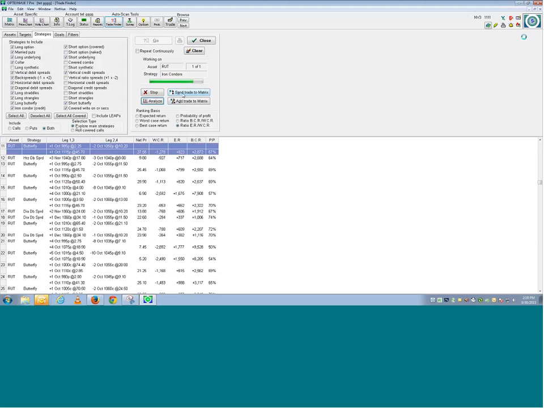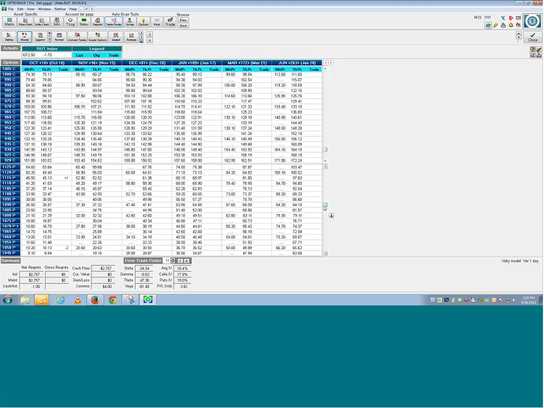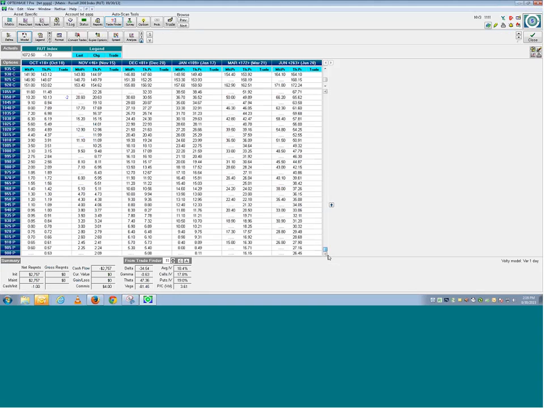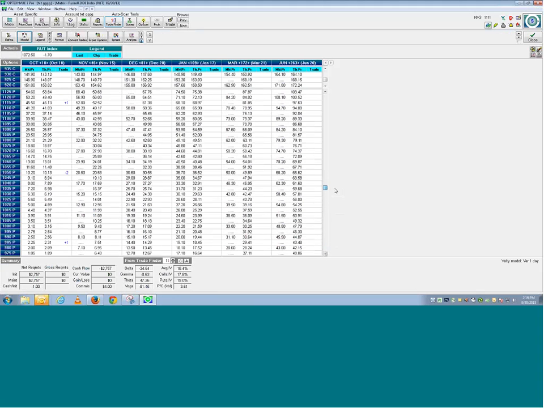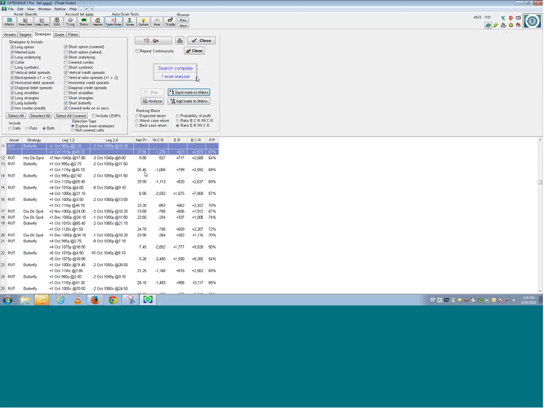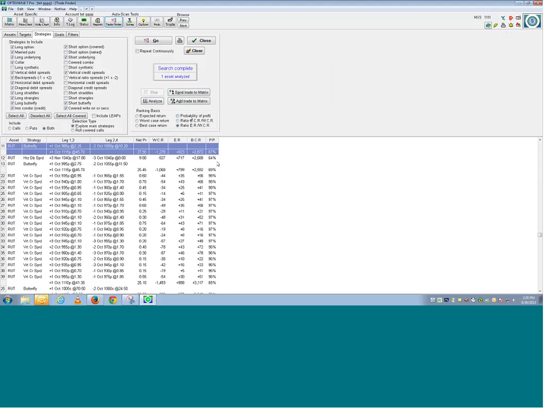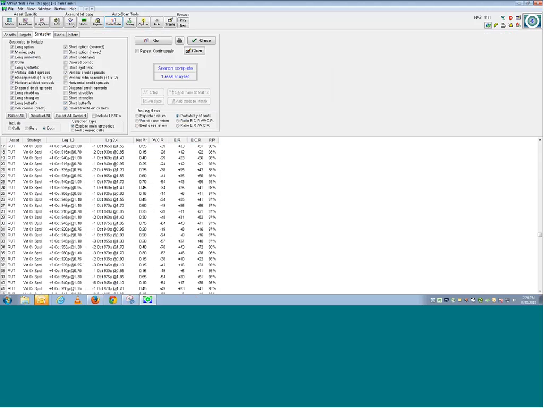Okay, I'll send that to the matrix so you can take a look. This is a very wide butterfly, as you can see here. 985, 1050, 1115 in October. Okay, now we're done. And the other thing to do, again, is rank by probability and find the first expected return that has a decent yield, something in the hundreds of dollars, and of course there are none.